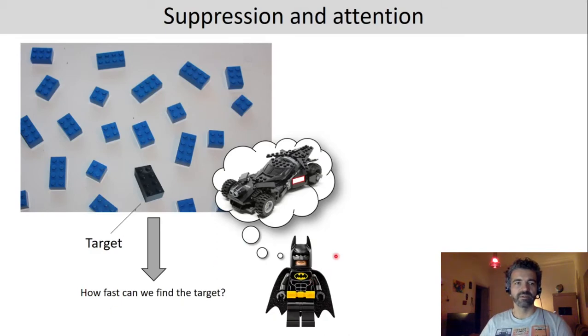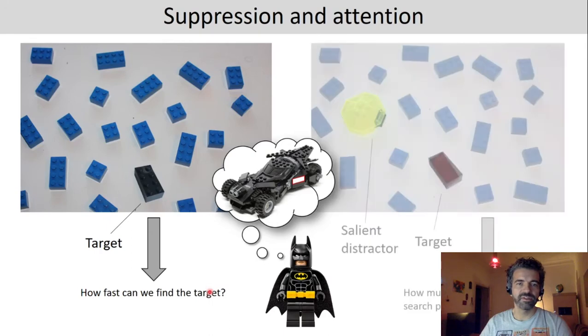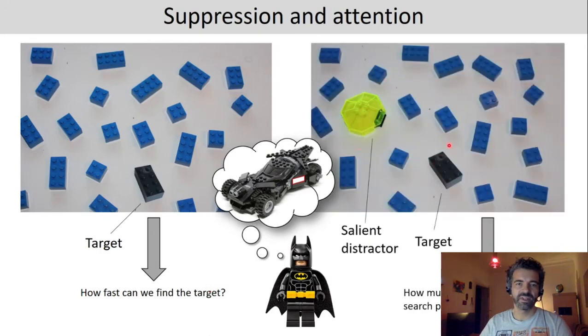Here's another example from the Lego world. So imagine we have these Lego bricks and we want to build a Batmobile. Then here we can find the target maybe with certain efficiency, but here in this example, when we have a salient distractor, then maybe our attention deployment is impaired because resources are going to the irrelevant item just because it is very salient.